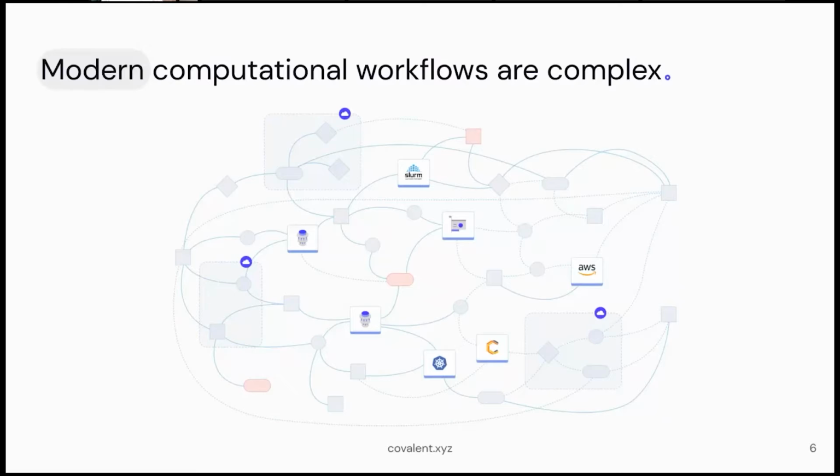And the reason that modern workflows are complex is that we have access to so many different resources. Some of these might be HPC clusters at a university. Others might be HPC clusters at a national lab, and they might use different schedulers. Other resources might be HPC on the cloud. You might have some tiny local cluster in your lab. You might be interacting with quantum computers even these days, which have their own queues and schedulers.